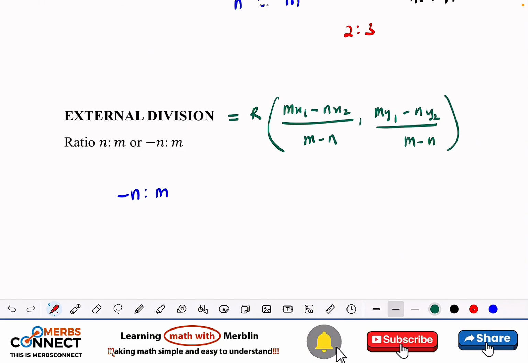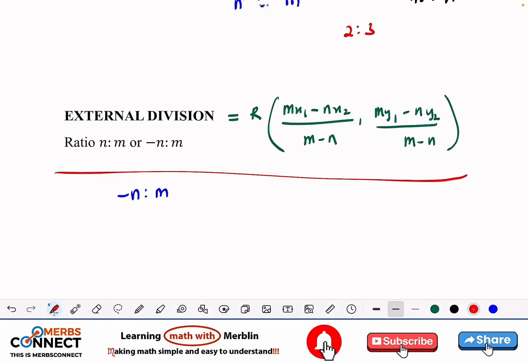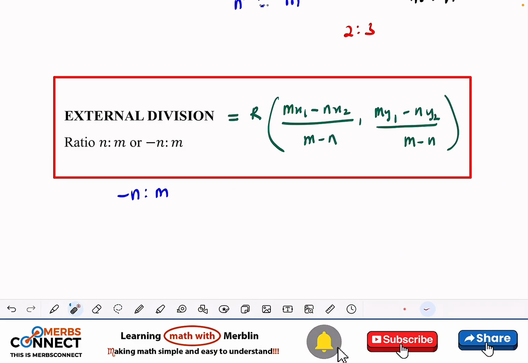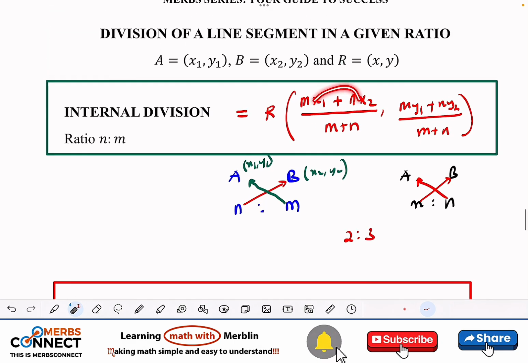Now, let me show you some trick here that you need to know. You see that there's a lot of minus there. If you have minus here, this minus is telling you that the thing is external. So let's assume that the question was silent and the question is saying that minus 2 is to 3. It doesn't mean pick minus 2 and plug it in here. When you plug minus 2 in here, this one becomes positive, which will send you back to internal.